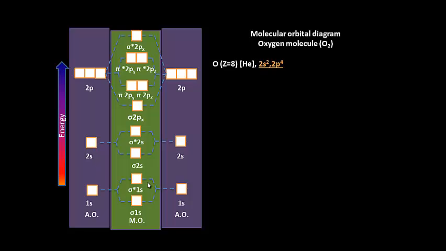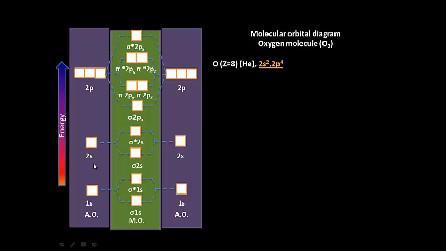Sigma orbitals are formed from the axial overlap of the atomic orbitals, while pi orbitals are formed by the sideways overlap of the atomic orbitals. The orbitals which are along the x-axis form a sigma bond, while the orbitals which are along the z or y-axis, or in between them, form pi bonds.